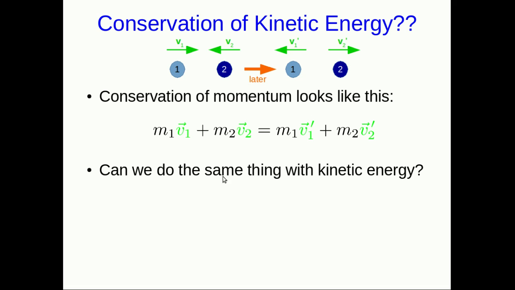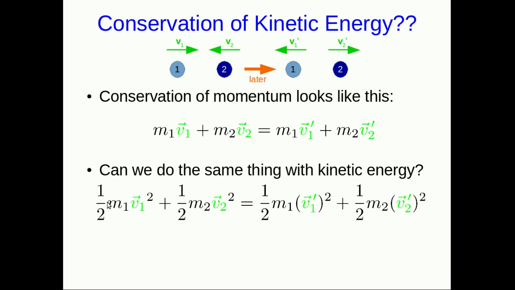So can we do the same thing perhaps with kinetic energy? Because kinetic energy also depends on the masses and velocities. So maybe we could write down an equation that looks like this. And this looks kind of like conservation of kinetic energy, right? This is the total kinetic energy before, this is the total kinetic energy after.